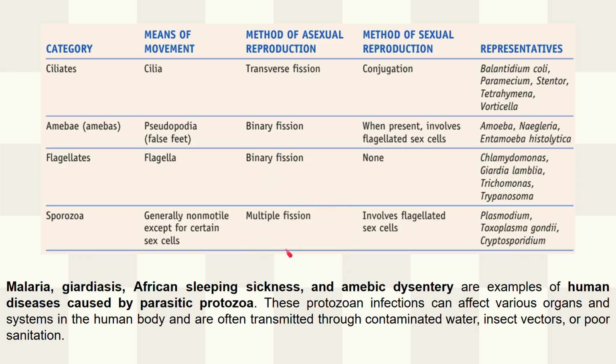So in short, during asexual reproduction, protozoa perform fission. Next, in sexual reproduction, there is conjugation, involving sex cells. Usually in sexual reproduction two cells are involved.